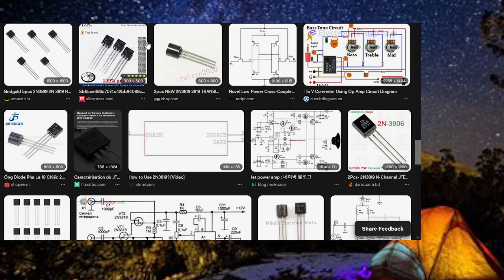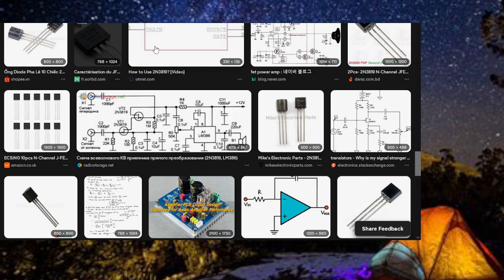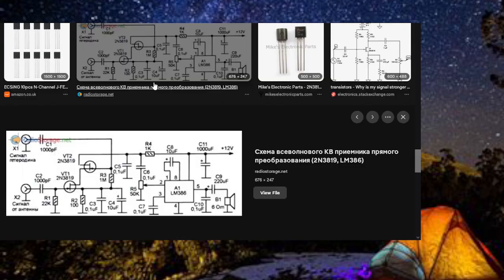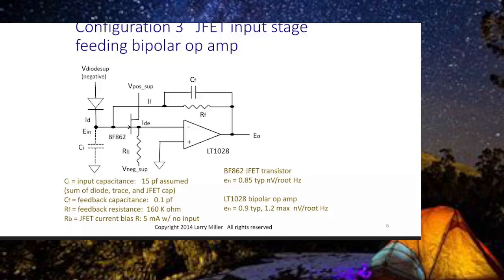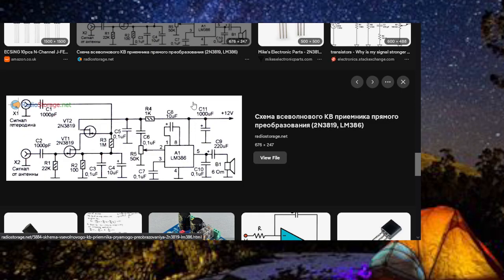Using op amps and bipolar transistors. There's two of them here. An LM386, that's a speaker amplifier. So we've got something here. Looks like a modulation circuit.